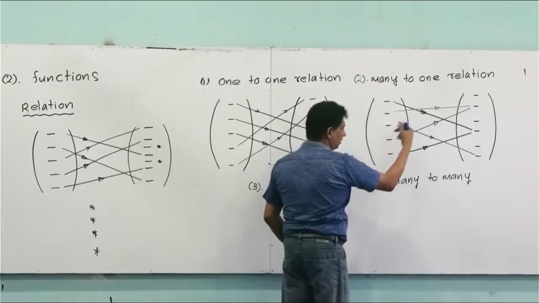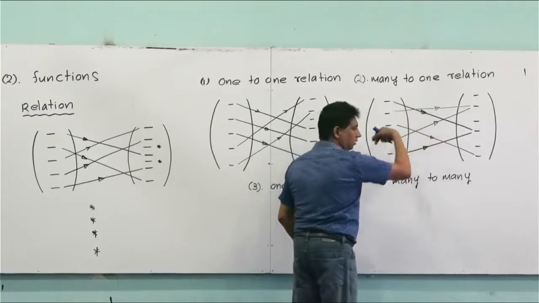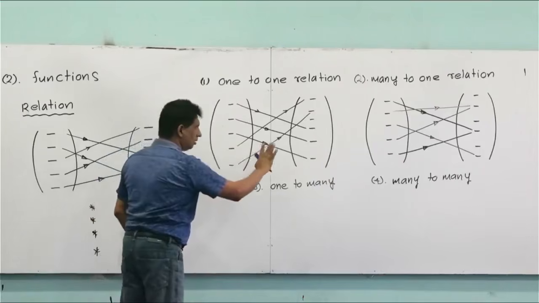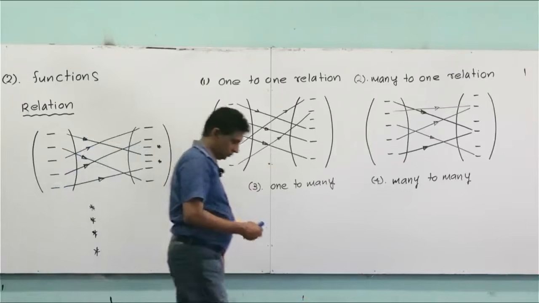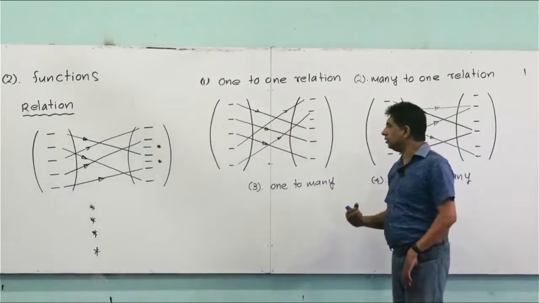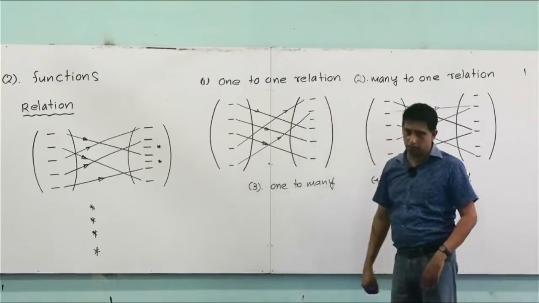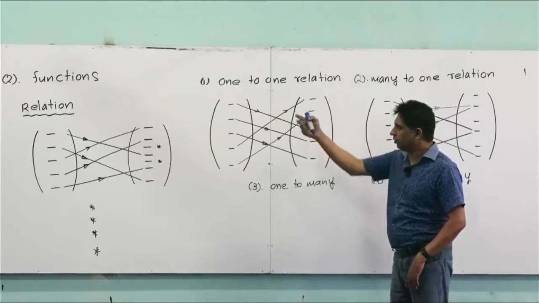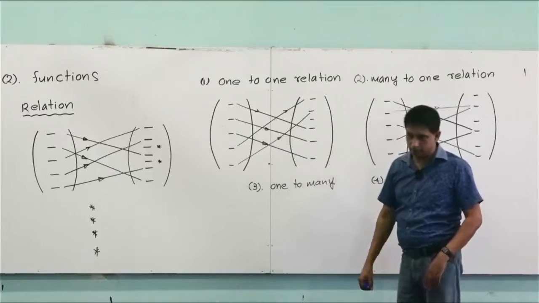Many elements of the first set are connected with many elements of the second set, and many elements of the second set are connected with many elements of the first set. Right? So these are called relations. First we have to get an idea about what a relation is. Then there are two types of relations we study, one-to-one relation and many-to-one relation. After that we can go to the definition of function, then types of functions, right?